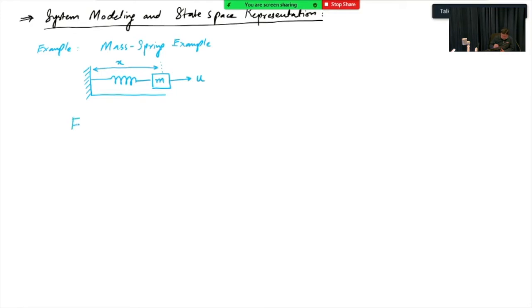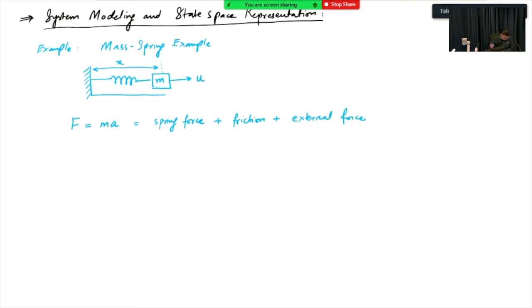So the first one is the force, which is Newton's second law, right? So F equals ma, right? So that's basically the spring force on the mass plus the friction plus the external force.